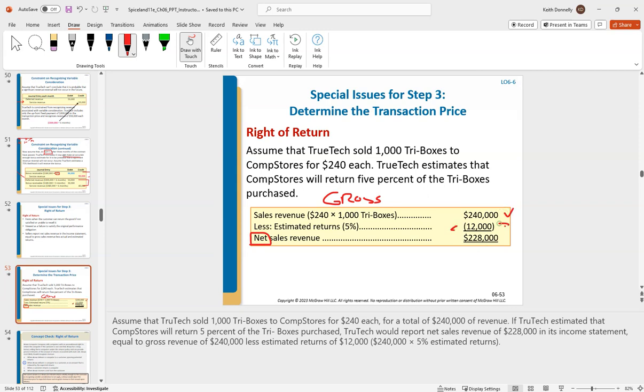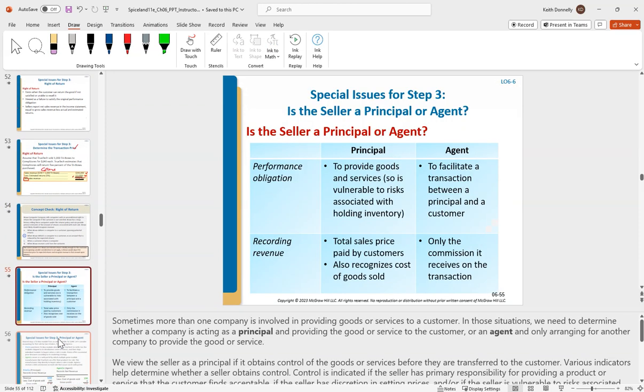We expect 5% returns, $12,000. Our net sales revenue is going to be $228,000. So that's the idea. We're talking about revenue, the transaction price. You're going to have to build into that the fact that sometimes people return stuff.